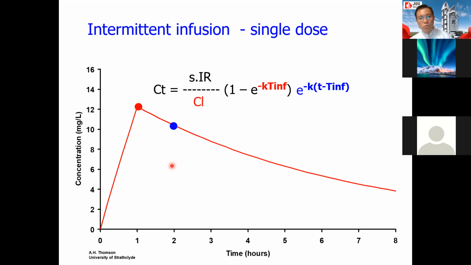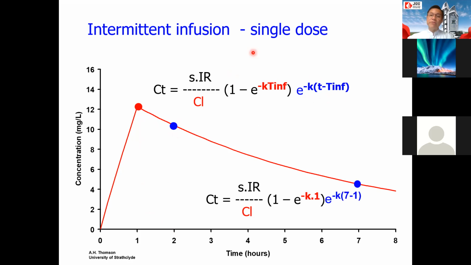So if this point is 2 hours, from here to here it is 1 hour. Actually, this will be clearer if you do an exercise. Last semester I already gave you a set of exercises, but if you want, I can give you again.